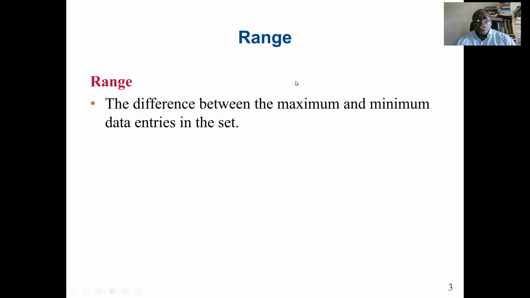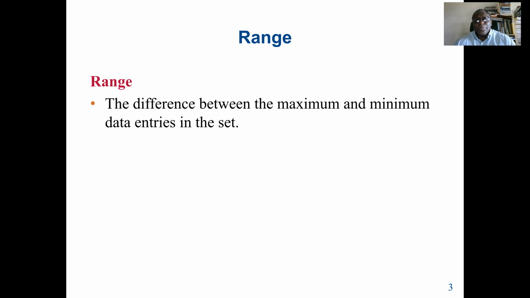So first we start with the range. The range is the difference between the maximum and the minimum data entries in the data set. So what we mean is that if I have a data set, I find the difference between the lowest value and the highest value, and that will give me the range. The measure of variation tells us how individual data vary from each other.